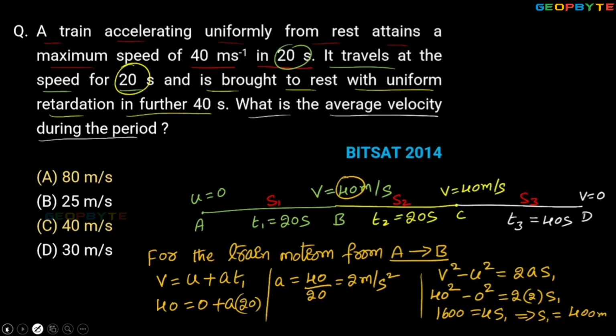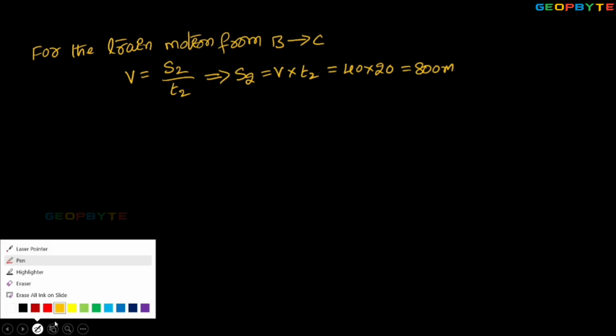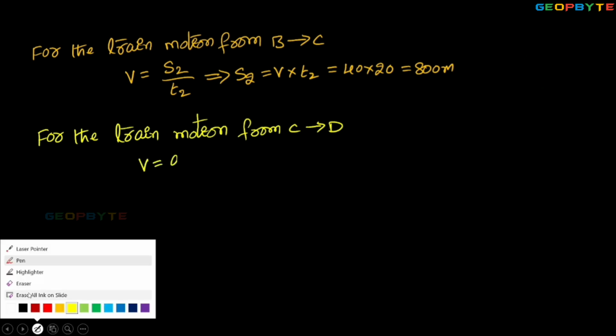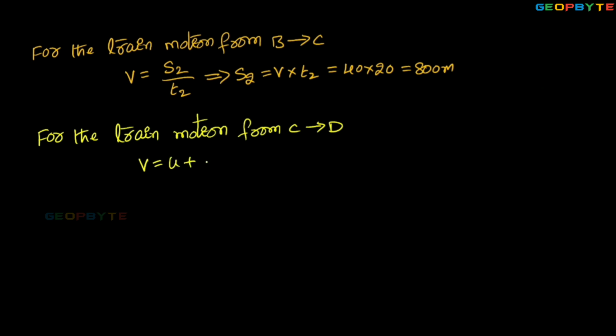Similarly, for the train motion from C to D, right, here v equal to u plus at. With that you can decide the acceleration. u plus a T3, right?